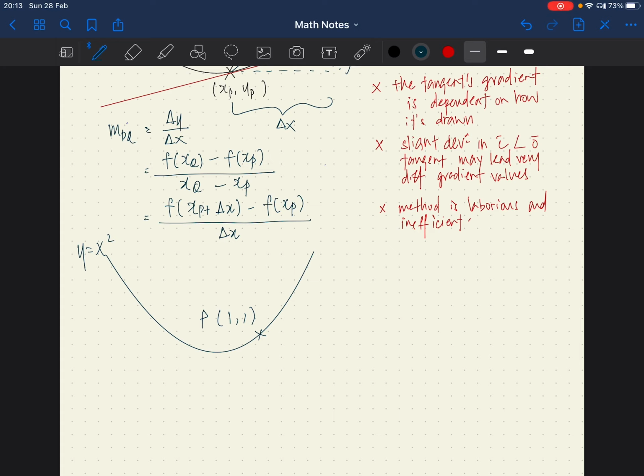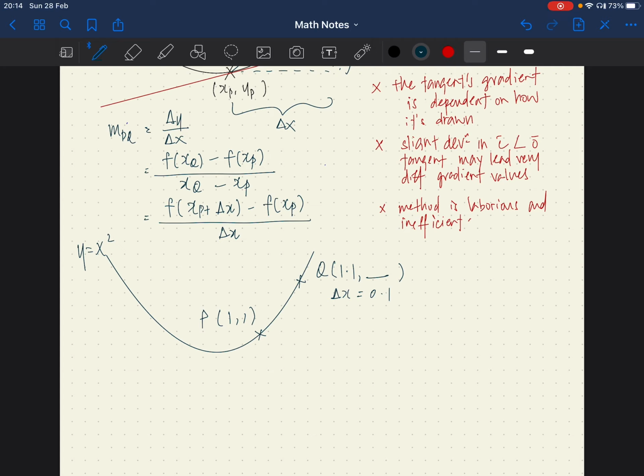So let's say we choose point Q to be 1.1 comma something. Which means in this case my delta x will be 0.1, because 1.1 is 1 plus 0.1.